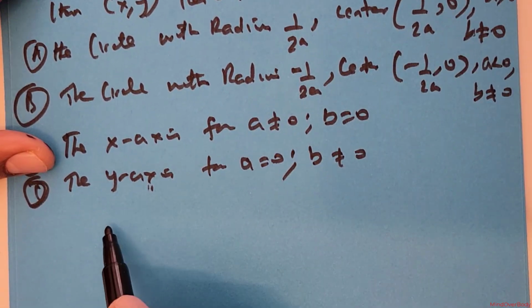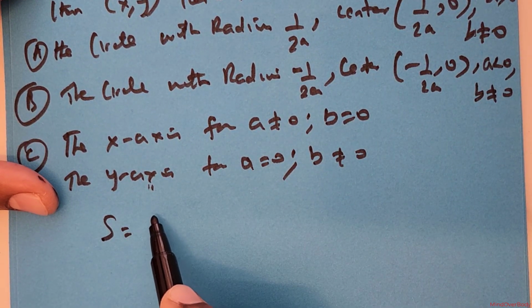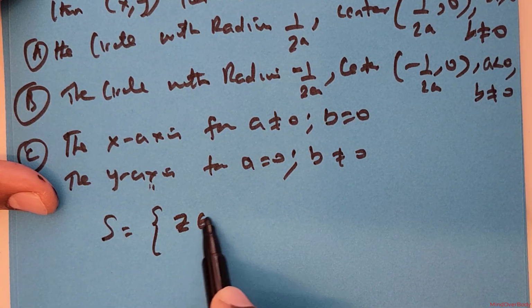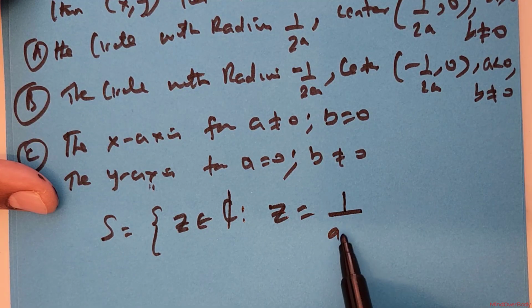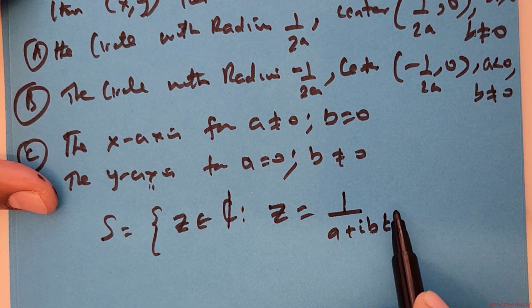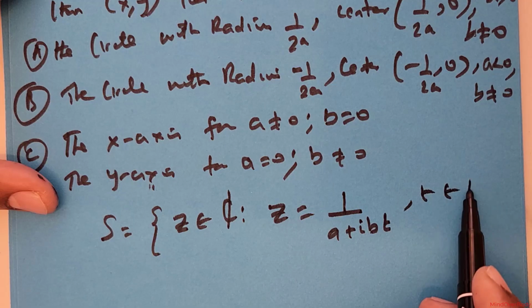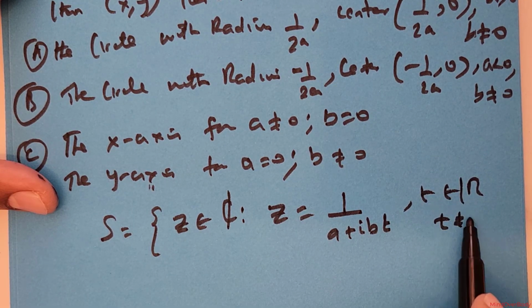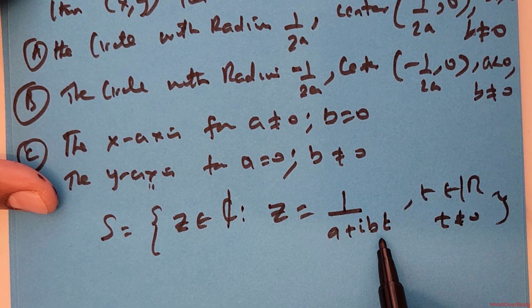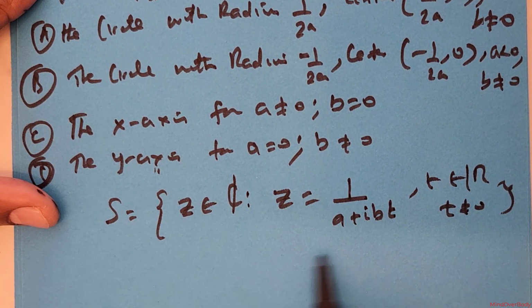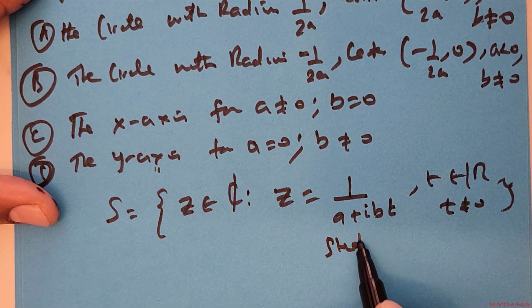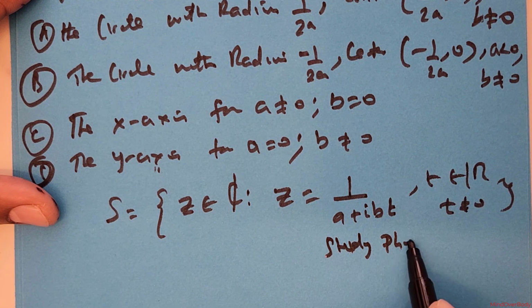Okay, now let me come to this point of S being the collection of all complex numbers such that z is of the form 1 over a plus i times b times t, and t is given to be a real number and t is not equal to 0. Now you see that there is a parameter t involved here. Now such complex numbers are always associated with the study of physical phenomena.